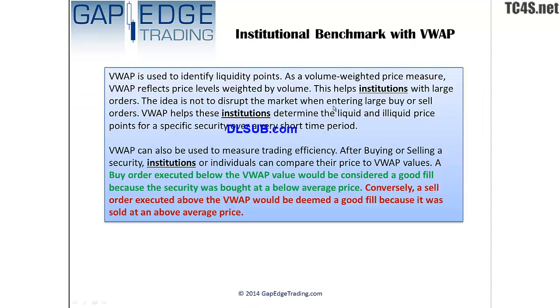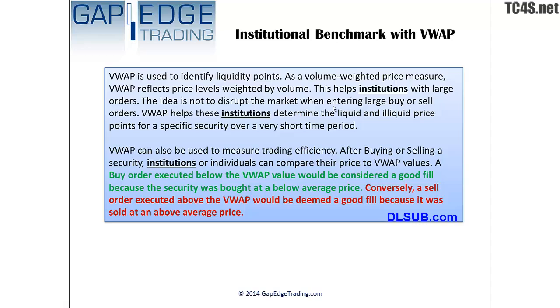The volume weighted average price, the VWAP, is a tool to identify liquidity points. As a volume weighted average price measure, the VWAP reflects price levels weighted by volume. This helps institutions, which I previously mentioned, pension plans, and large traders that trade with their orders from their trading desk. They use it as a benchmark.